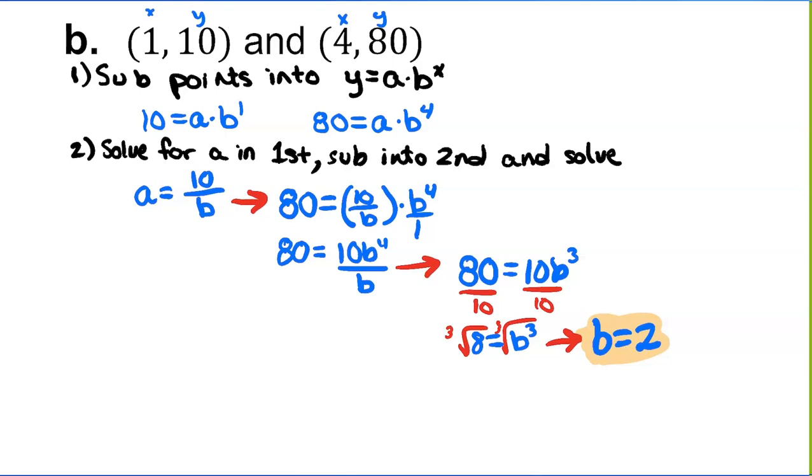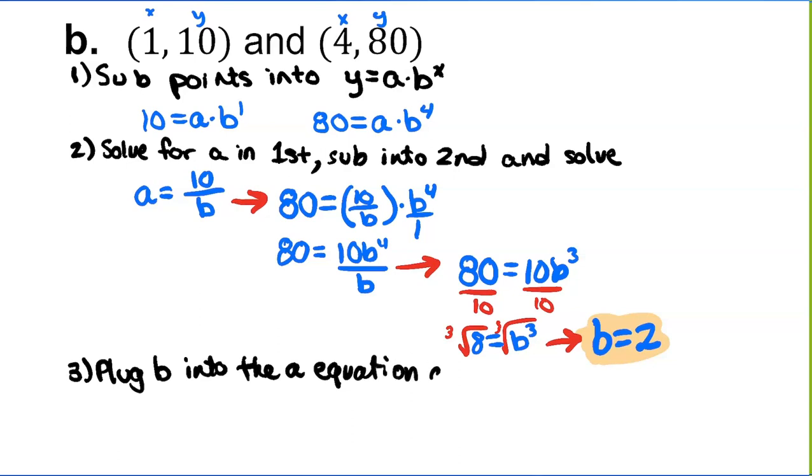So our third step here, plug b into the equation, and solve. So a was equal to 10 over b, and instead of b, we're going to put 10 over 2. So we get that a is equal to 5.